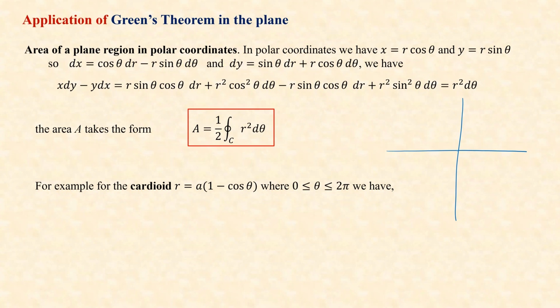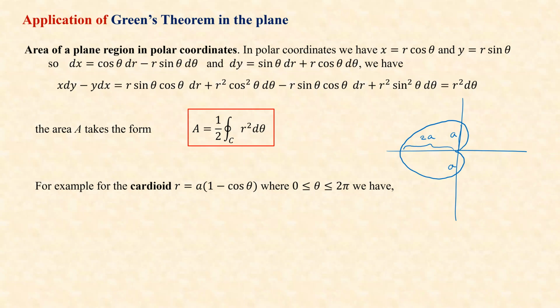But then as theta increases, this becomes larger, and it becomes something like this. That's why it's like a heart shape. And when theta is 90 degrees, cosine theta is 0, so this distance becomes a. And this is also a, this distance becomes 2a.